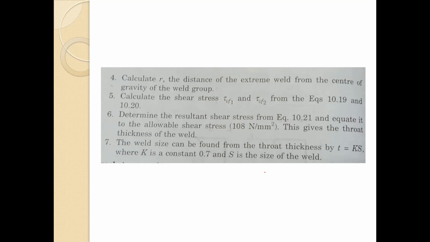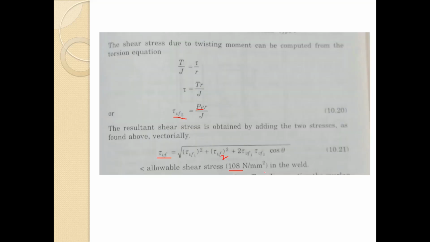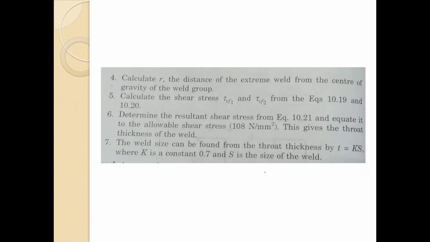Compute the shear stresses tau Vf1 and tau Vf2 as per the equations in the earlier derivation. Then determine the resultant shear stress from the equation, that is under root tau Vf1 square plus tau Vf2 square plus 2 tau Vf1 tau Vf2 cos theta, and equate it to the allowable shear stress.